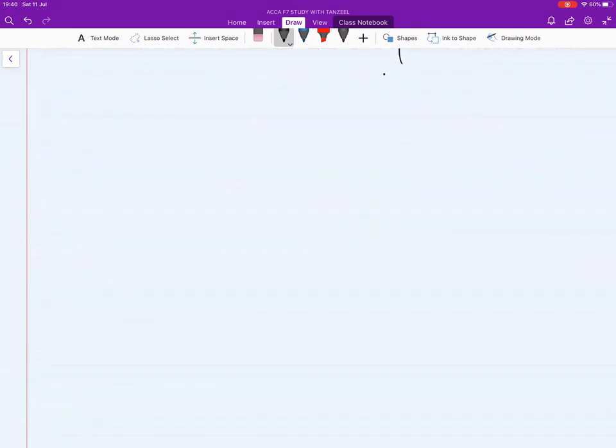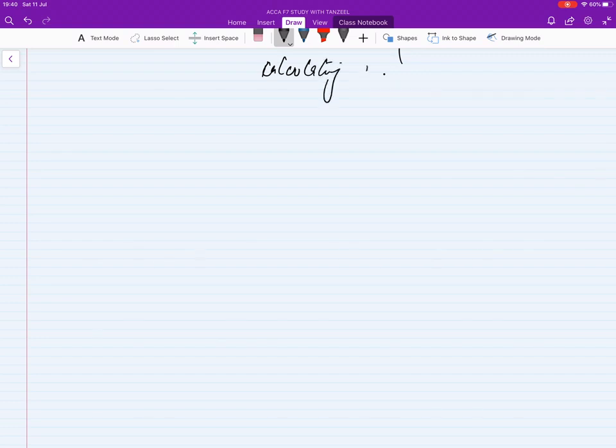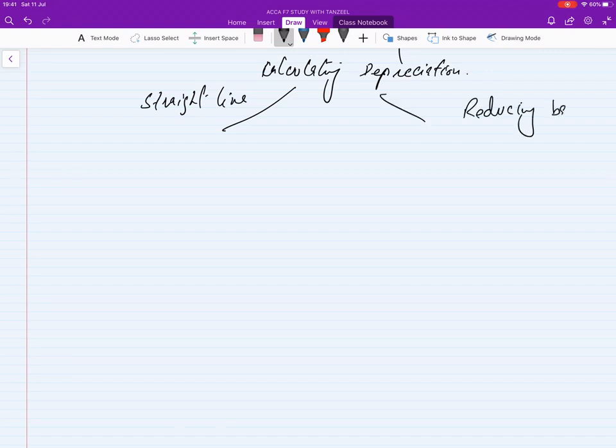Okay, there are two different models of calculating depreciation: straight line and reducing balance. One is straight line. Straight line means just a number divided by number of years.